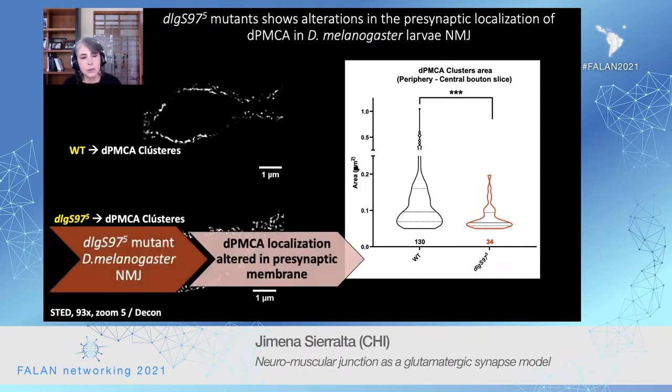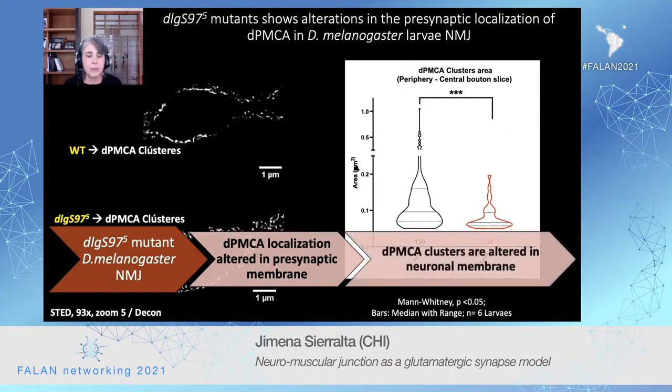So DLG mutants alter the presynaptic localization of PMCA in the membrane, where the big clusters that are characteristic of PMCA now disappear.